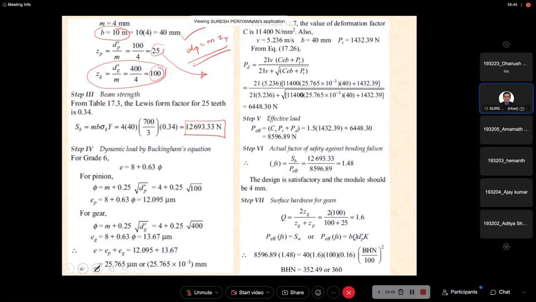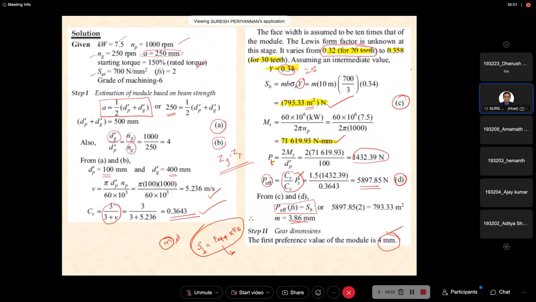But you may ask here, sir, we have found our module value as 3.86. But when we consider module based on choice 1 and choice 2, we consider round figure values, 4 mm or 5 mm or 6 mm, 7 mm, like that, right?